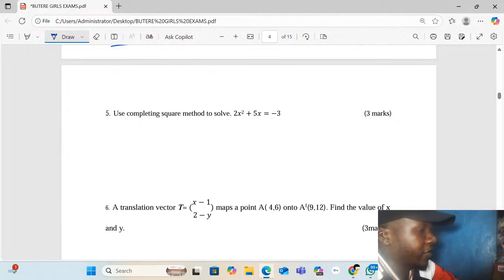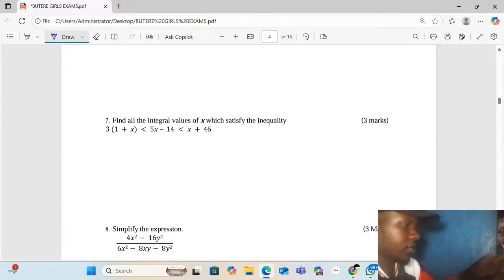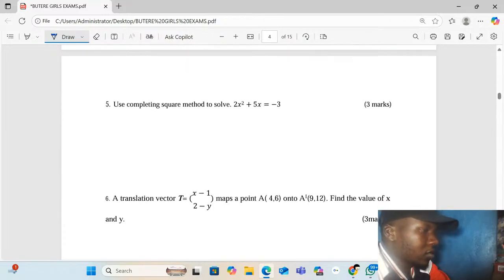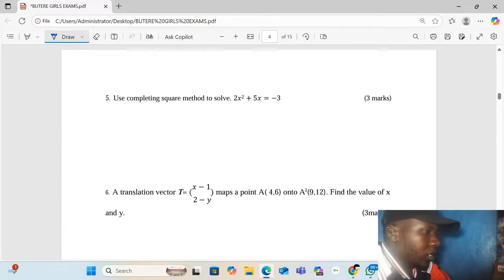Use the completing square method to solve 2x squared plus 5x is equal to negative 3.